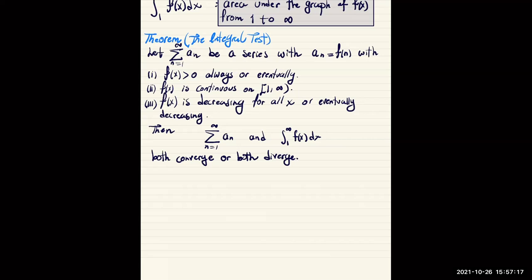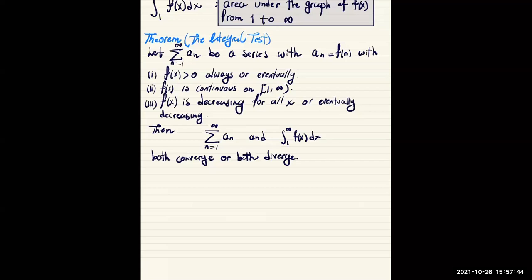So let me tell you guys why this test was discovered, why it was designed. We are not using this test the way it is used in the math field. This test is actually used to see what happens to integrals.